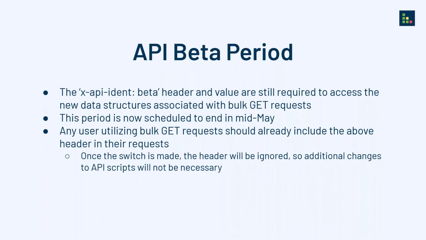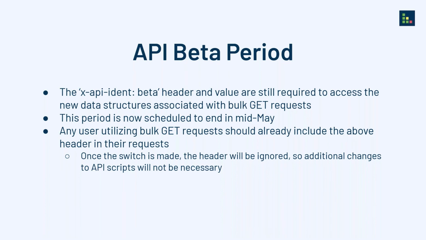We have also previously mentioned the API beta period. There's an API beta header used for bulk GET requests with new data structures returned by some of those bulk API requests. This beta period is now scheduled to end in mid-May, right around the time that the server release is available. This is due to an external dependency which we've identified.